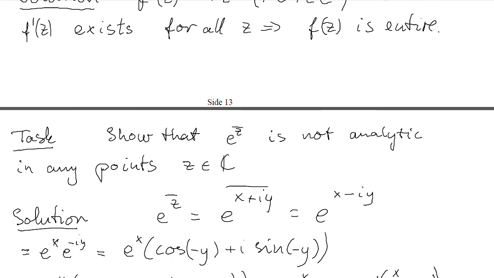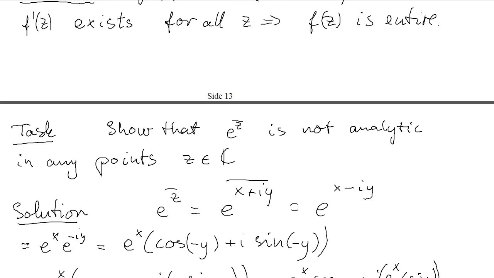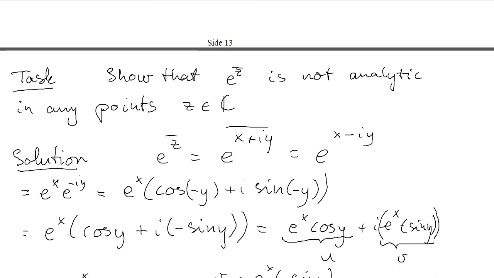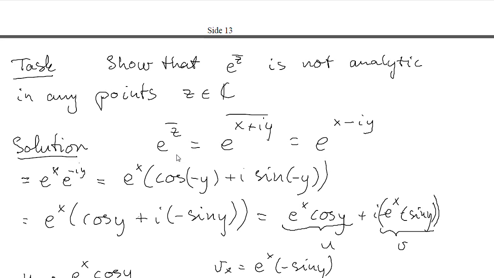Let us show in the next task why this function, the exponential function of the conjugate of z, is not analytic. We want to show that it's not analytic in any point in the complex plane. And the way of doing it is to use the Cauchy-Riemann equations. So we know that z is equal to x plus iy.